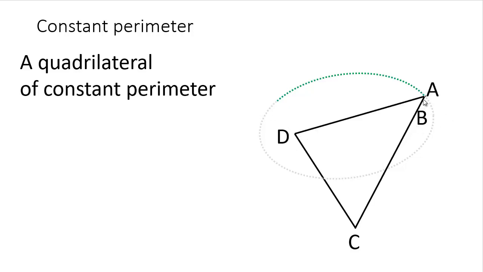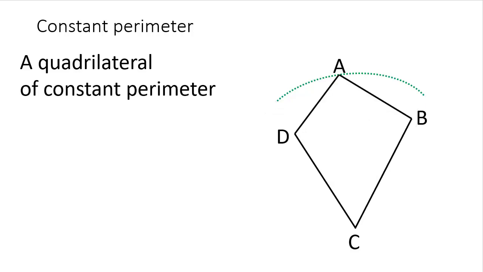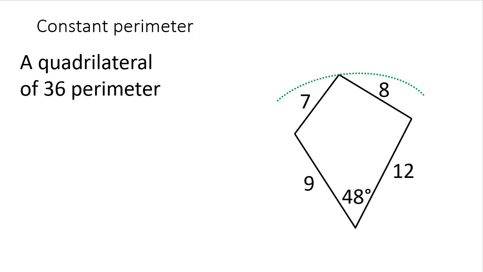At any further point than the straight line, the angle at B will start to be more than 180 degrees. So let's put some numbers in and see how we can do the maths. I'm going to have a quadrilateral of constant perimeter, and these are the numbers we start with, and we're going to keep the lengths of 9 and 12 fixed and vary the ones of 7 and 8, but so they always add up to 15.